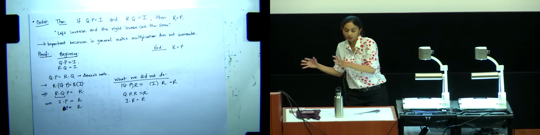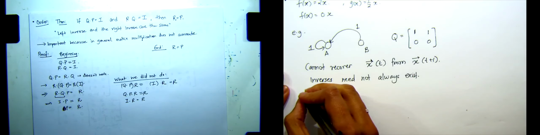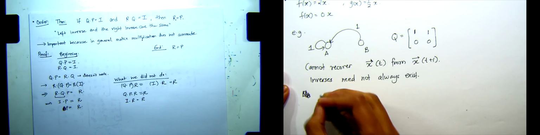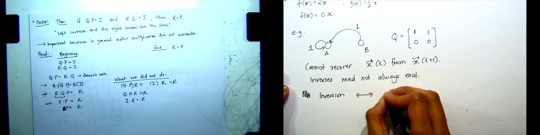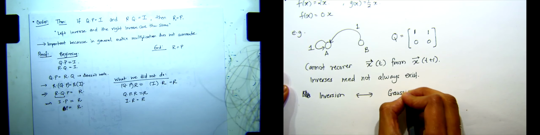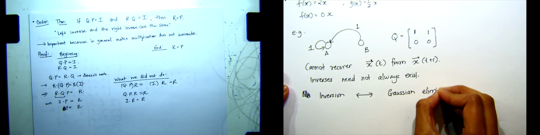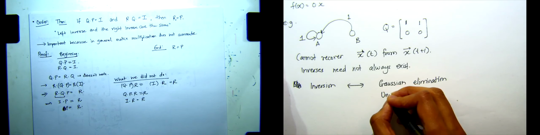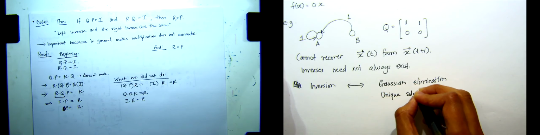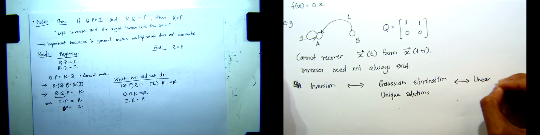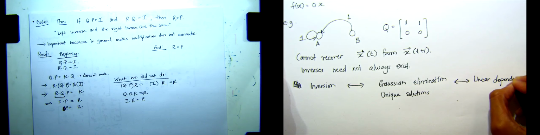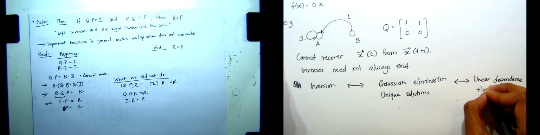So now we're going to take that one step further, and we're going to make a connection. So we know that inversion is connected to Gaussian elimination, and we know that Gaussian elimination and unique solutions are connected to linear dependence and independence.